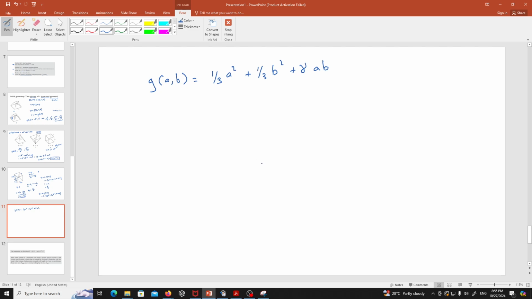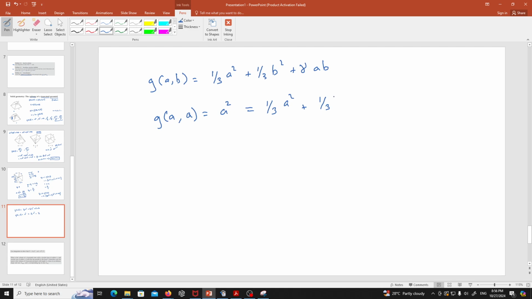So we know that g of a comma a is equal to a square. So it is equal to 1 by 3 a square from the first term, plus 1 by 3.